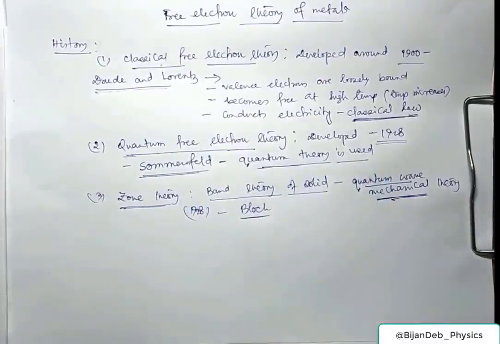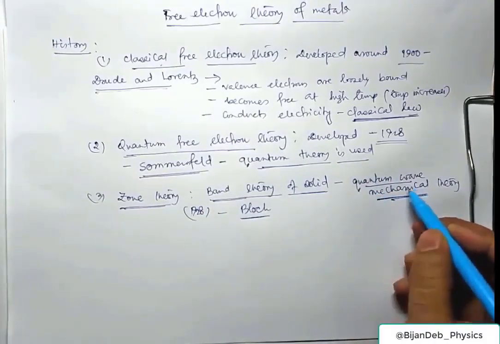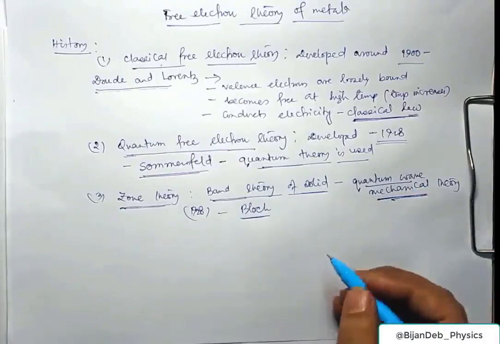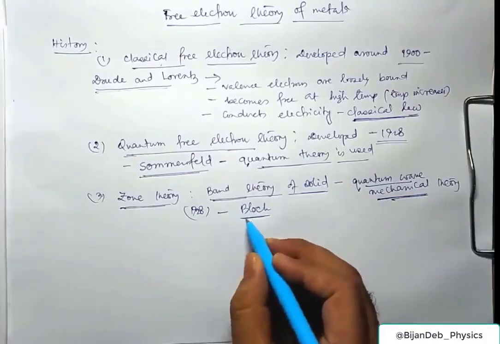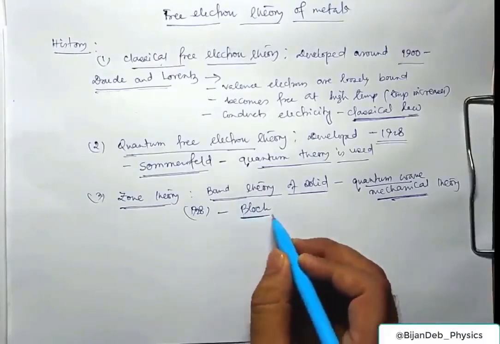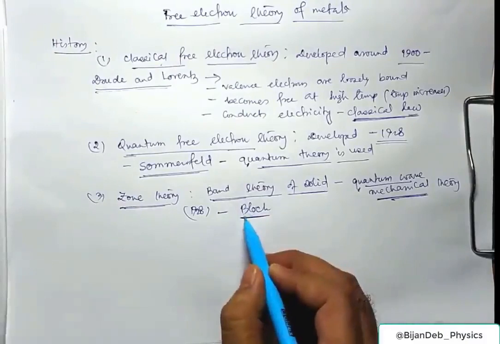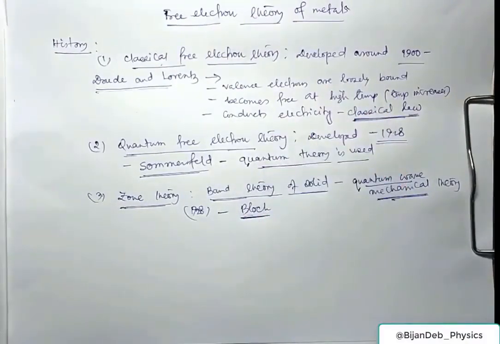Later it was further modified to get a more correct explanation using the band theory of solids, which uses quantum wave mechanics, and it was mainly started in the initial phase by Bloch. Later it was modified by many other scientists. So this is the history of free electron theory.